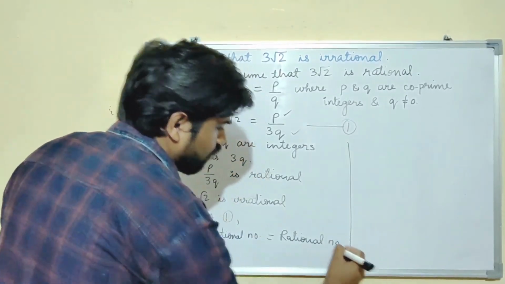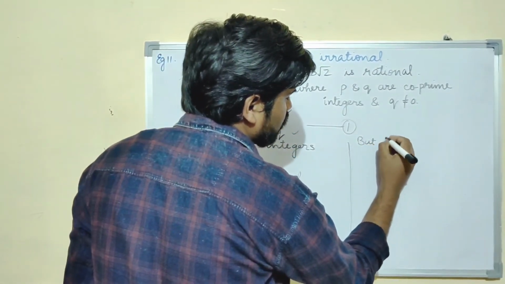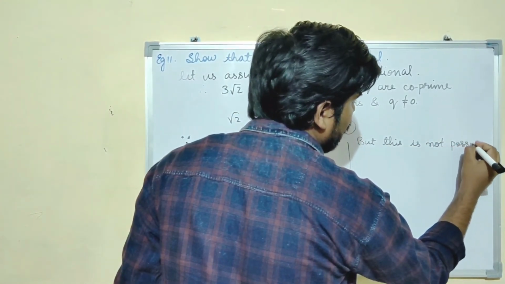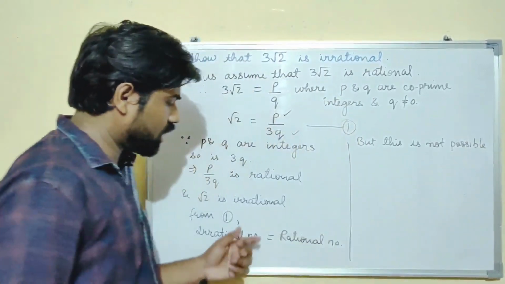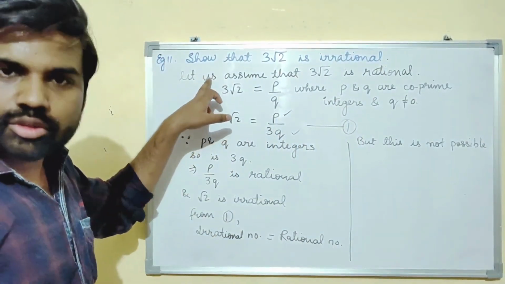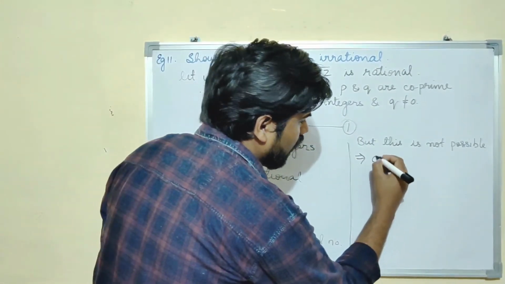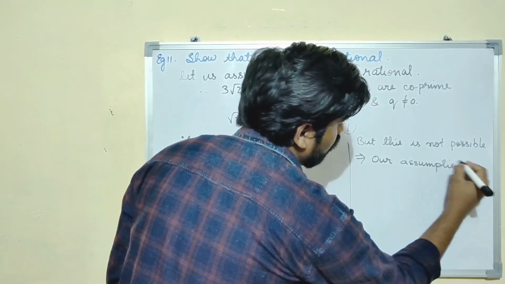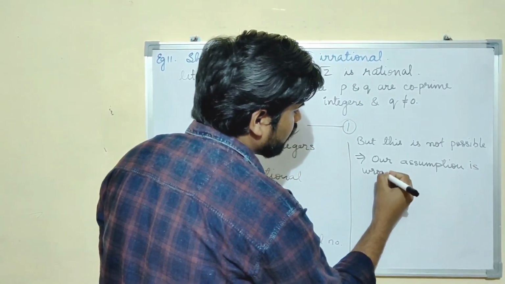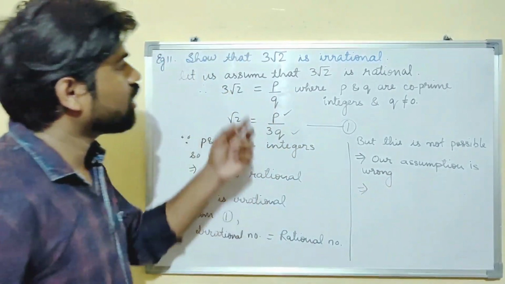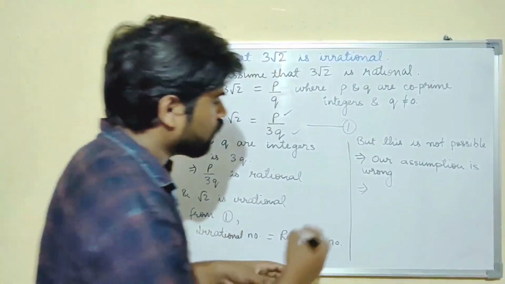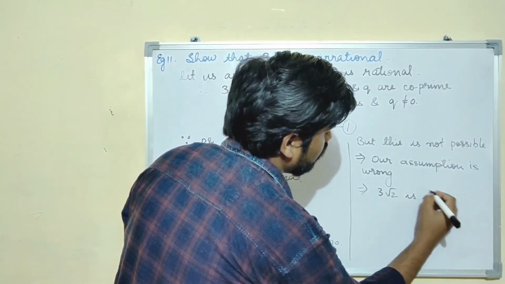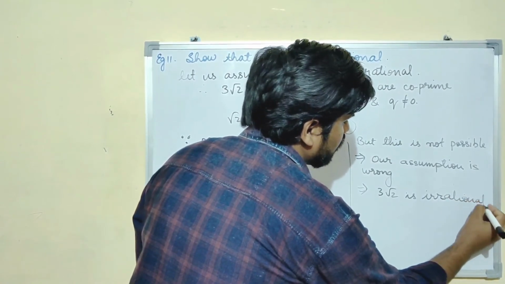It is not possible that a rational number is equal to an irrational number. So our assumption is wrong. If our assumption is wrong, that means the statement is true. This implies that 3 root 2 is irrational.